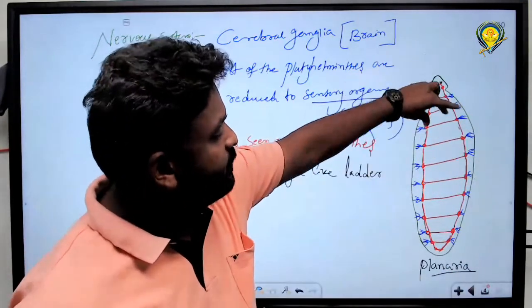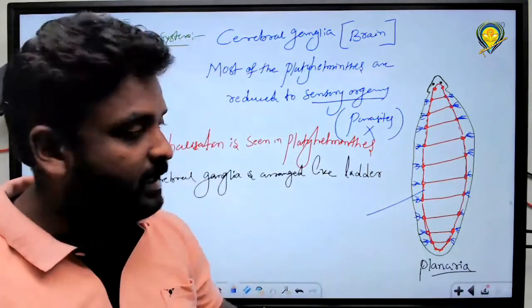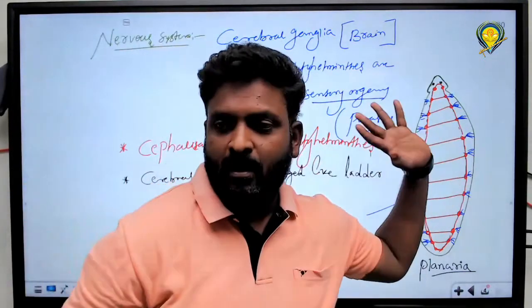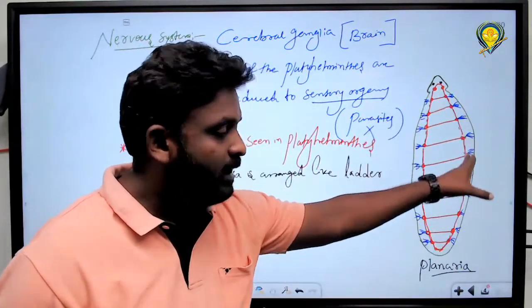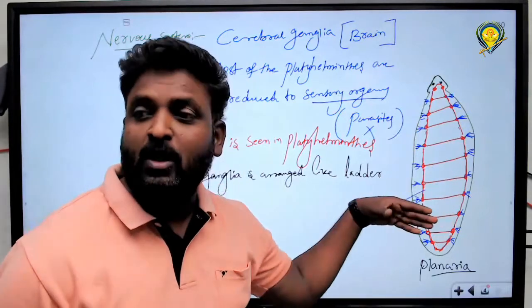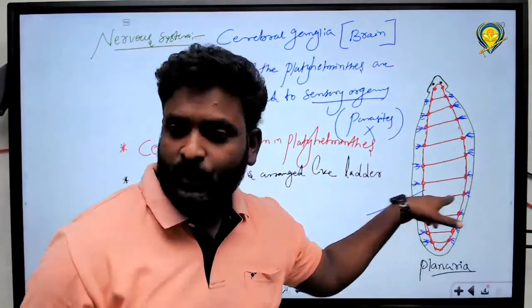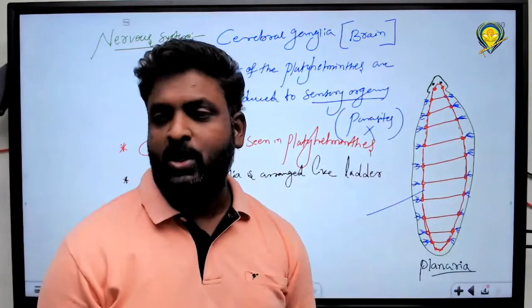This is the brain and these are longitudinal nerves, meaning the longitudinal part of the nerves. And these are commissural nerves, which communicate between both the longitudinal nerves. Hence these are longitudinal and these are commissural nerves.